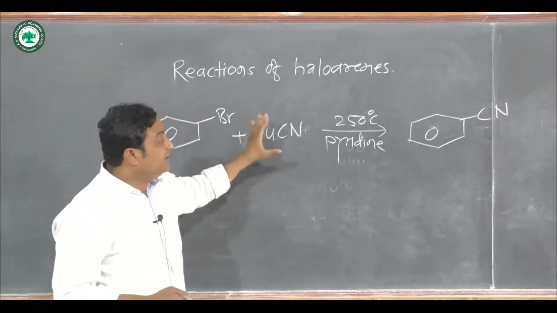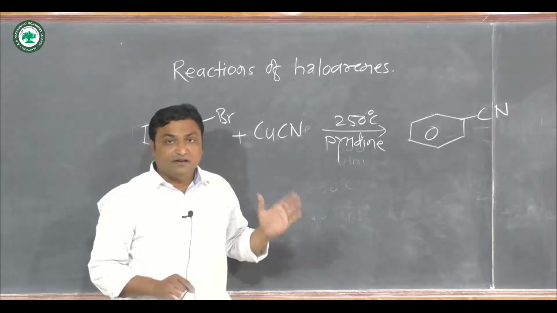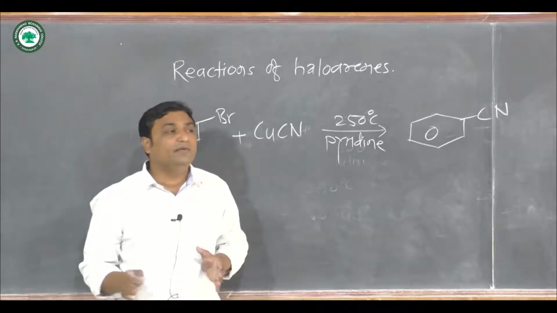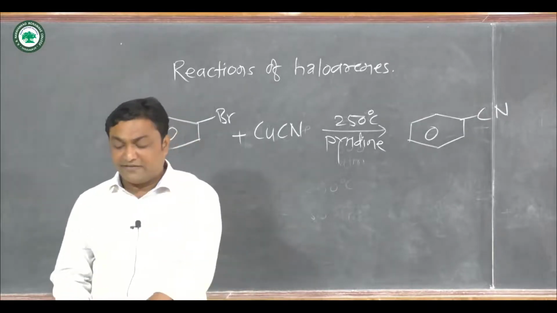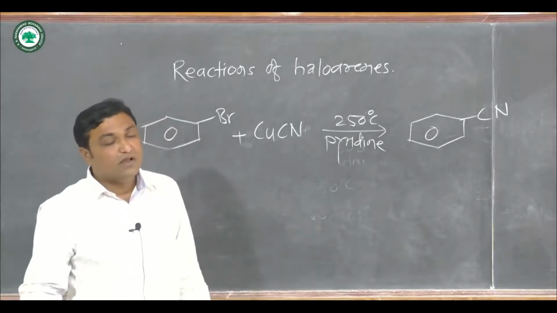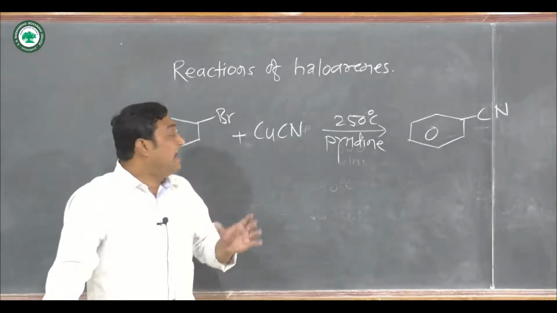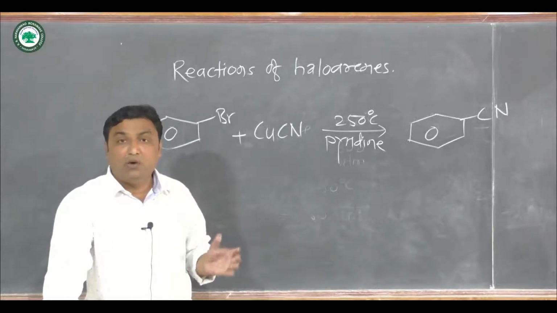Now, these are the reactions carried out at drastic conditions, whereas there are some reactions in which we cannot use drastic conditions, but instead we add an electron withdrawing substituent on haloarenes.